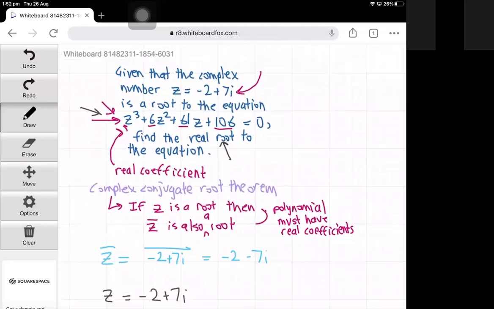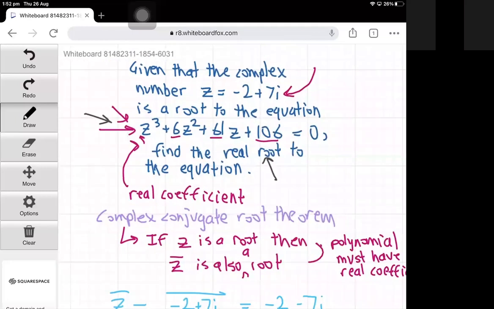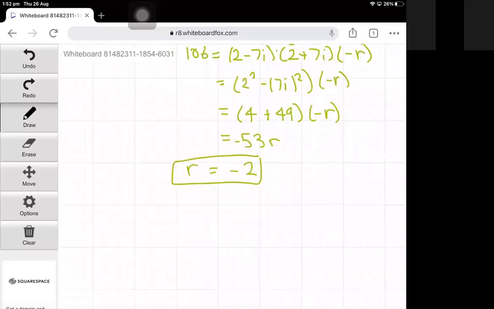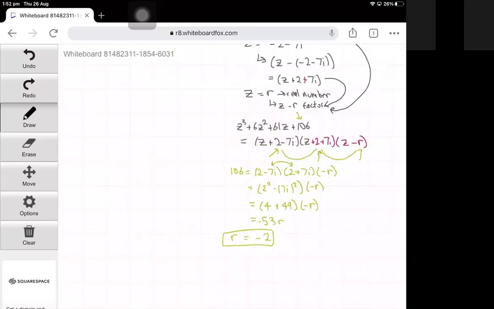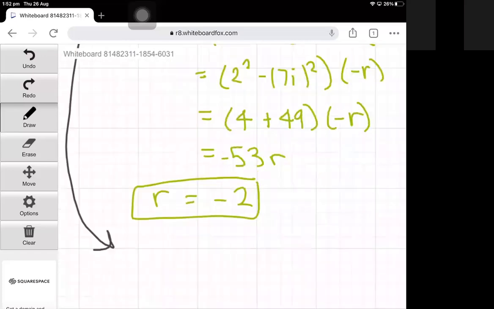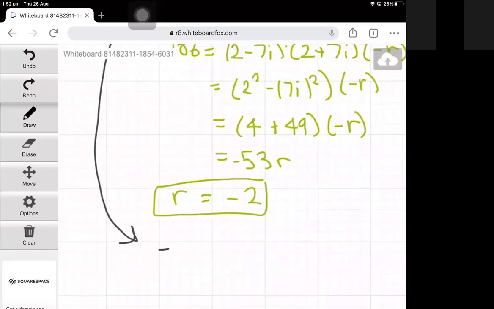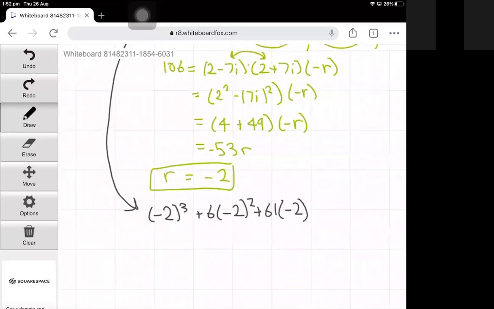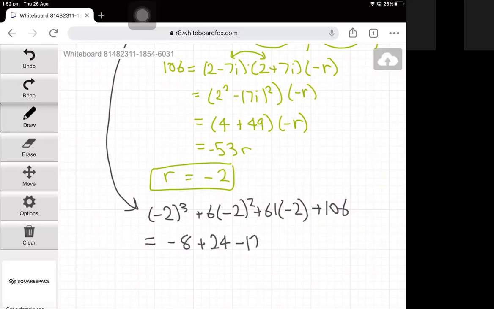And we could even check, we could even substitute z equals minus 2 just to confirm that this is indeed a root. So if we put z equals minus 2 into this polynomial, we have minus 2 cubed plus 6 times minus 2 squared plus 61 times minus 2 plus 106 is equal to minus 8 plus 24 minus 122 plus 106.